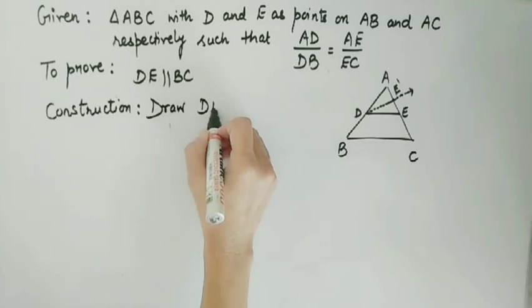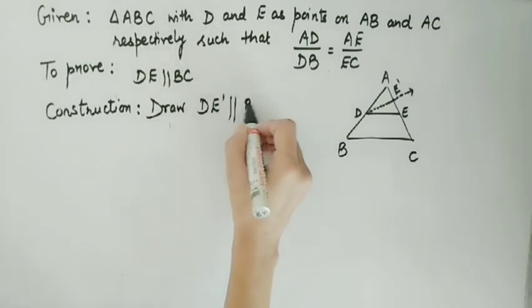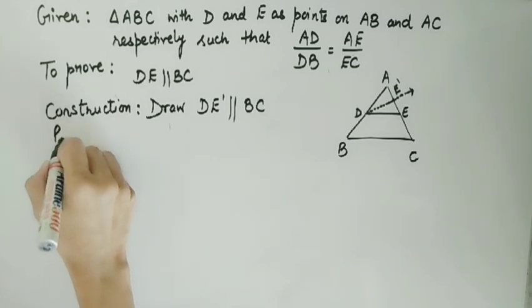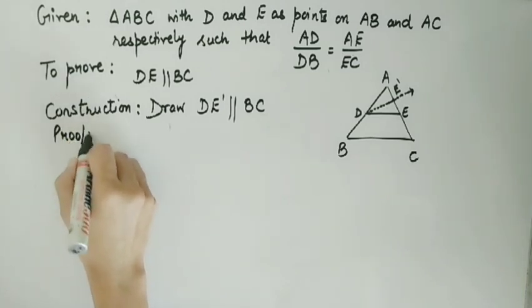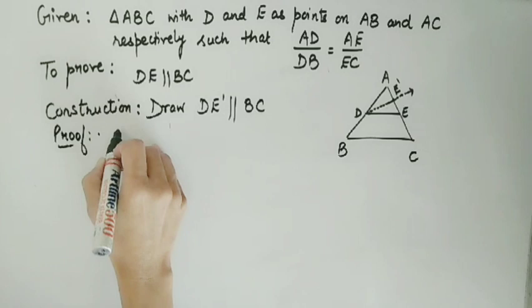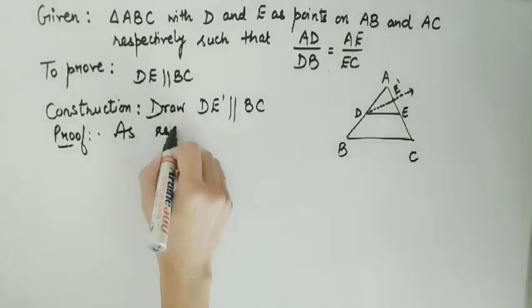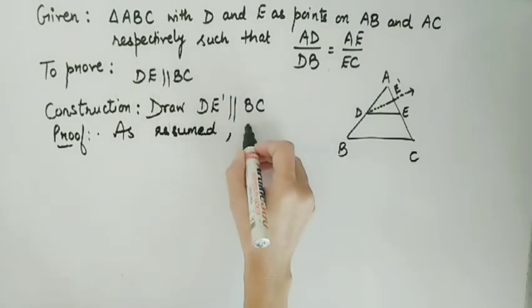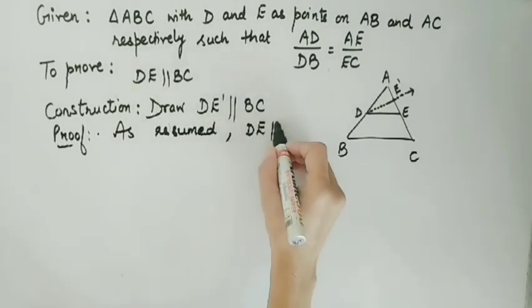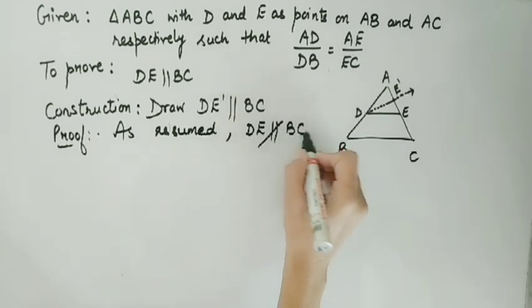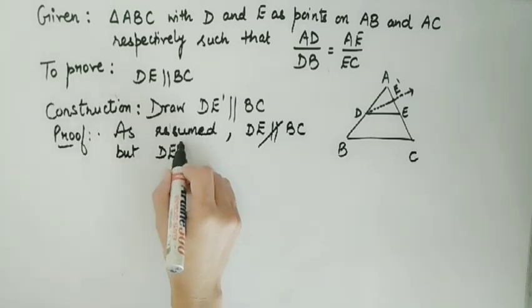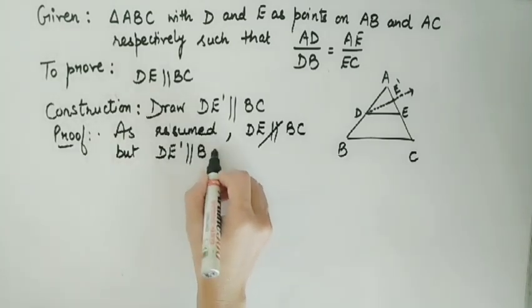Draw DE dash parallel to BC, and then in the proof, as assumed, DE is not parallel to BC, but DE dash is parallel to BC.